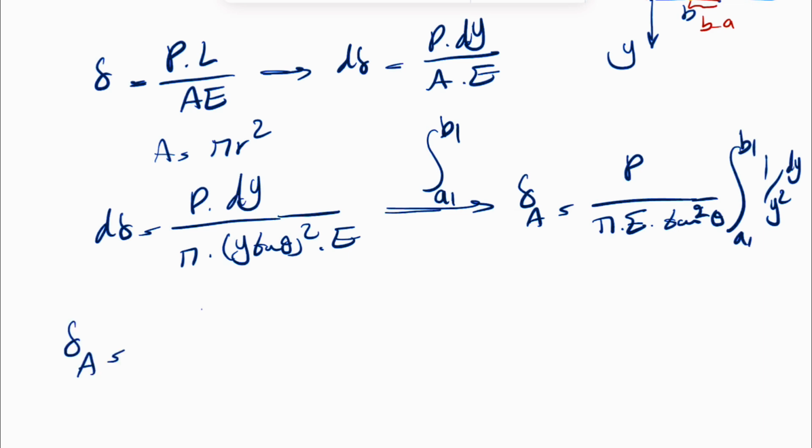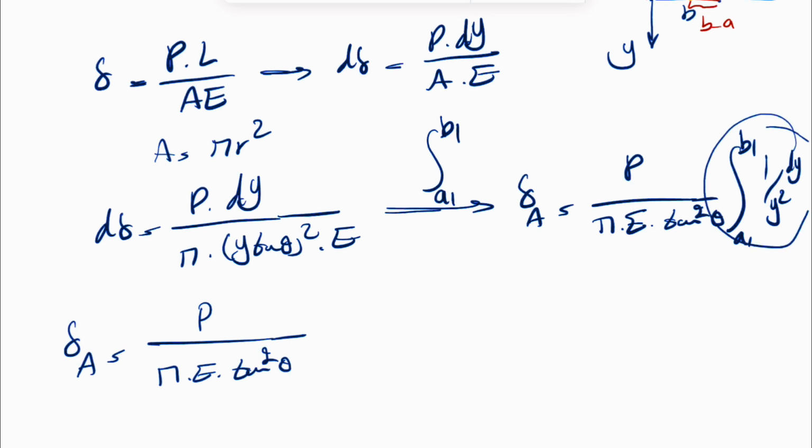So our deformation of point A would be, again, taking all the constants out, pi times E times tangent squared of theta, and we have the integral of 1 over y squared with respect to y, which would be y to the power of minus 2.